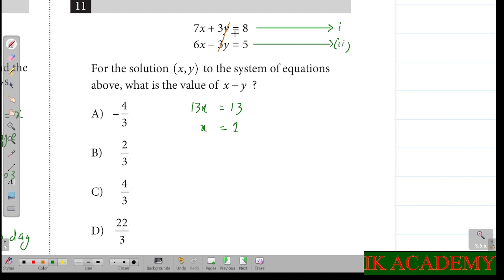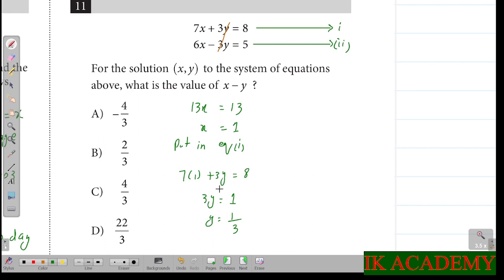Put x equal to 1 in any of the above equations. I'm going to put x equal to 1 in equation 1. So 7 into 1 plus 3y is equal to 8. 3y is equal to 8 minus 7, which is 1. So y is equal to 1 by 3.